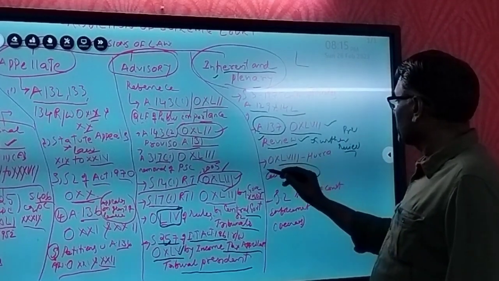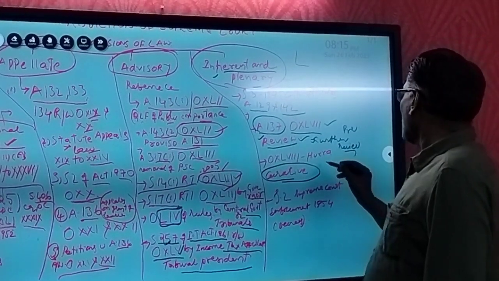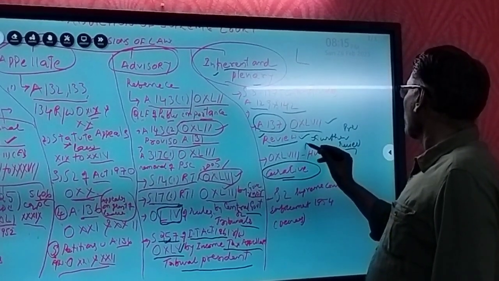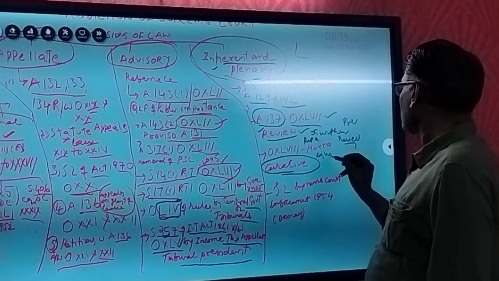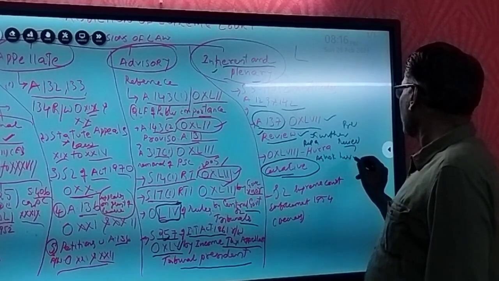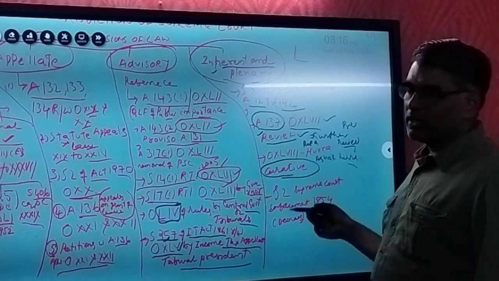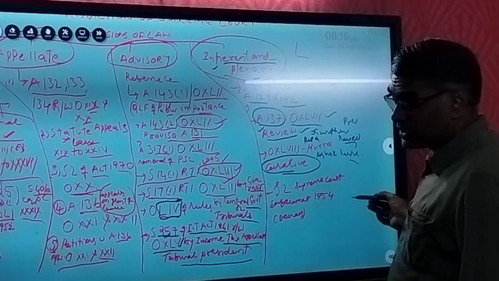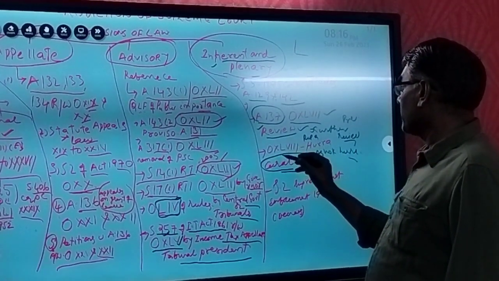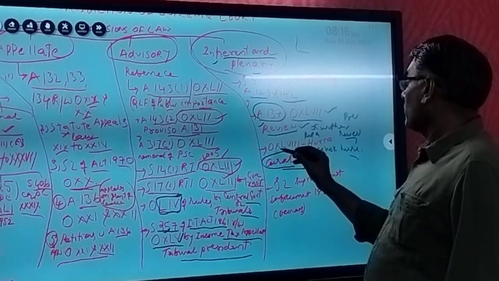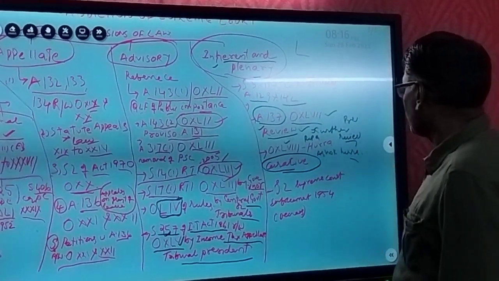This curative procedure was developed by the Supreme Court in Rupa Ashok Hurra versus Ashok Hurra. It is because of law made by the Supreme Court, judge-made law, that it is incorporated in the Supreme Court rules under Order 48.